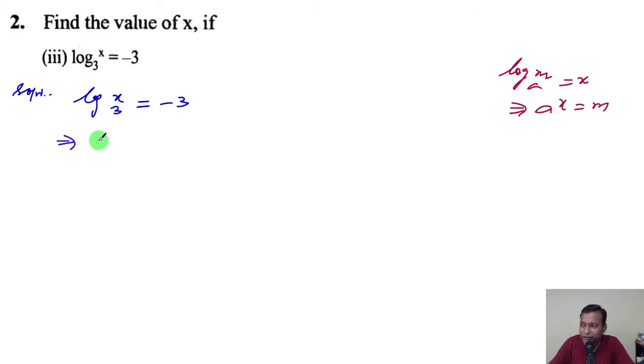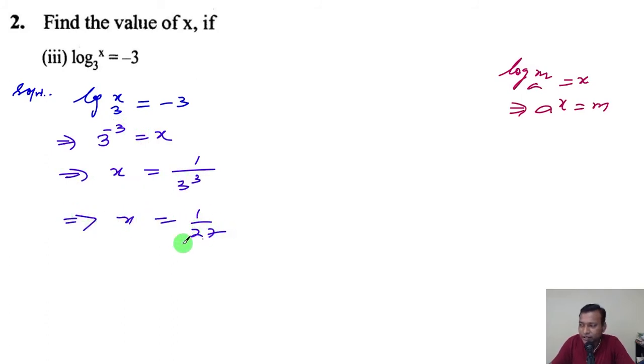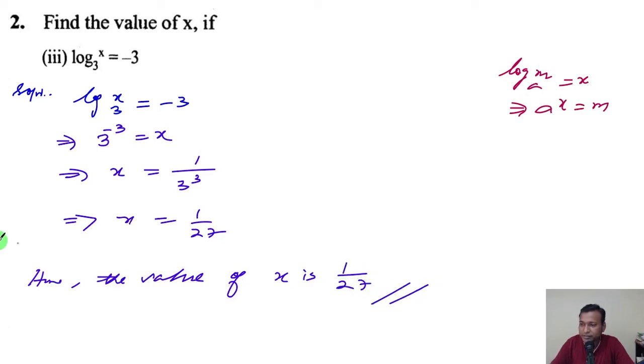Therefore, here 3 power minus 3 equal to x, then x equal to 1 upon 3 cube. So x equal to 1 by 27. Hence, the value of x is 1 by 27.